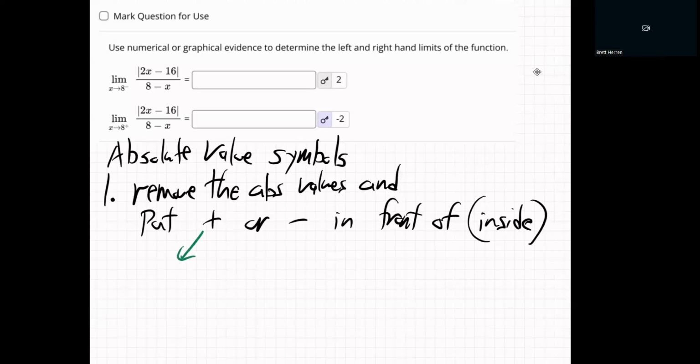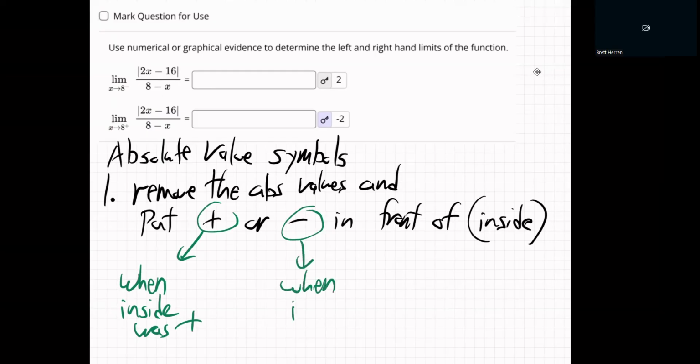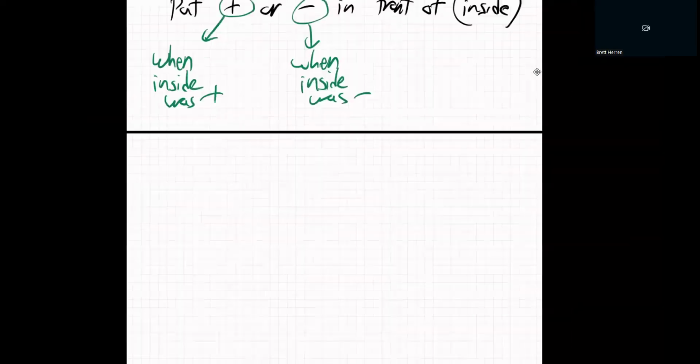Plus when the inside was positive. Negative when the inside was negative. Okay, I know that that's probably still very confusing.